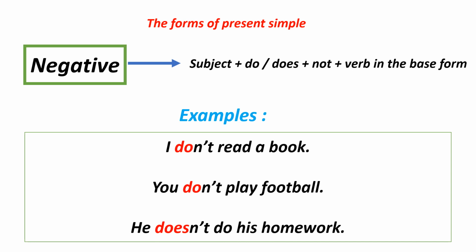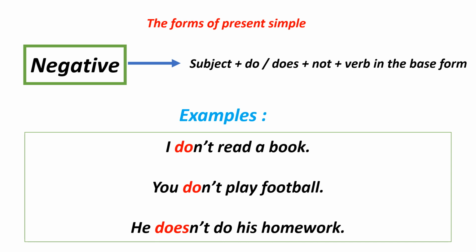Let's do some examples. I don't read a book, or I do not read a book. As we see here, I have the subject I. If I have I, you, we, you, they, I write do. If there is he, she, it, I write does. I don't read a book. The second example is: you don't play football.